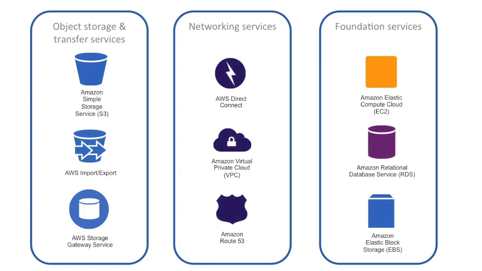So most applications have the requirement for disks, databases, and servers. So we have EC2, Elastic Compute Cloud, where you can create instances, where you can run Windows or Linux distributions. We have Relational Database Service that enables you to run MySQL, Oracle, SQL Server from Microsoft databases.